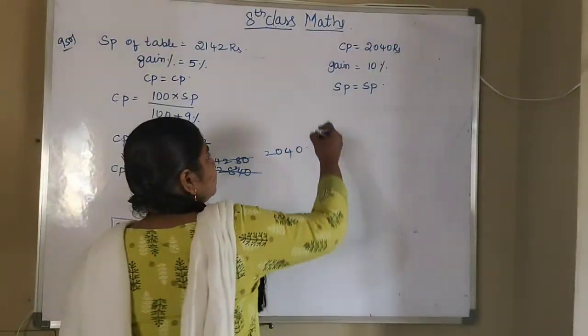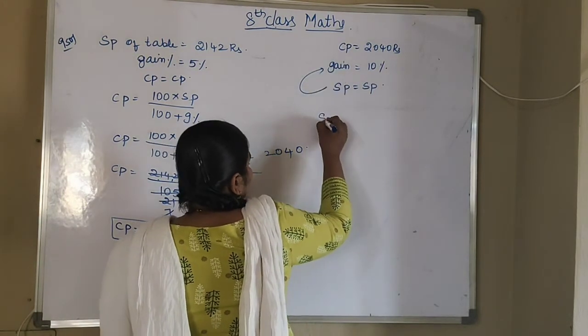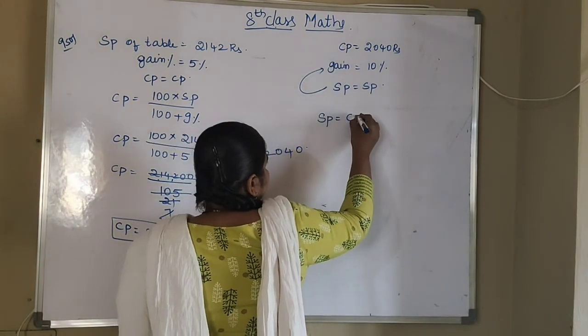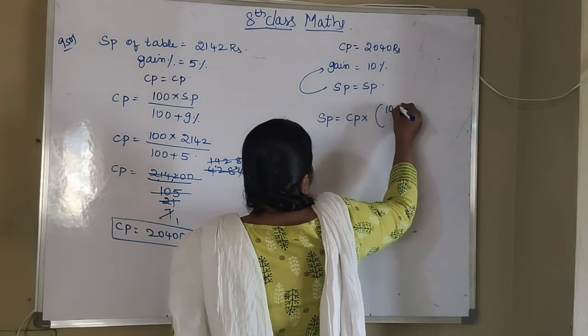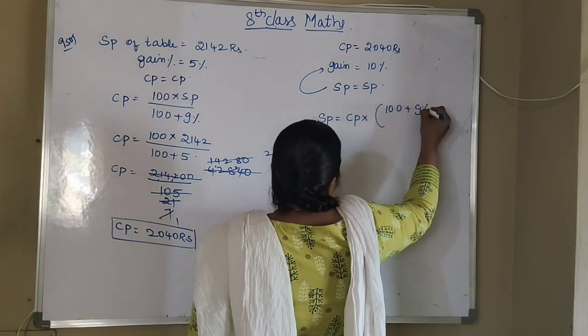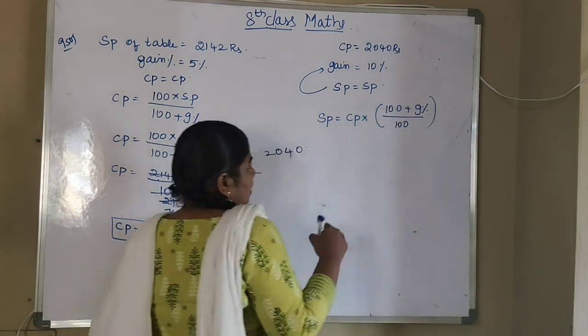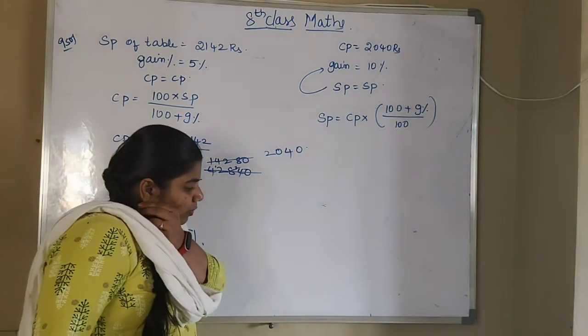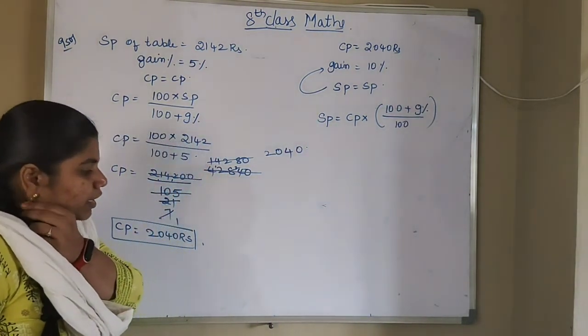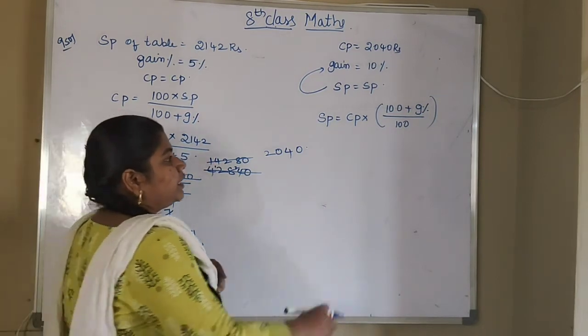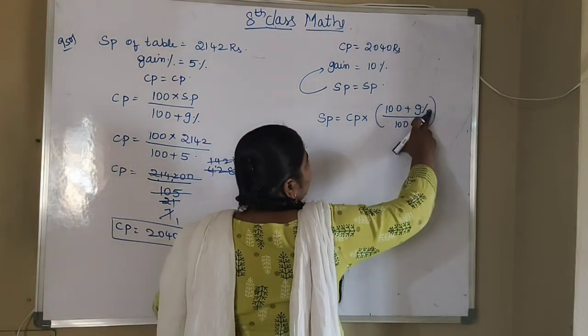SP in terms of gain formula is what? SP is equals to CP into 100 plus gain percentage by 100. So this is the formula for SP. Don't be confused here.